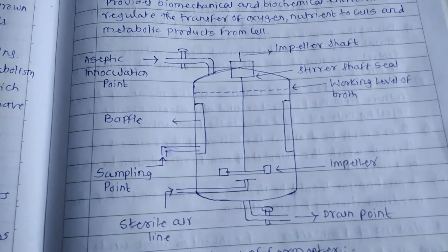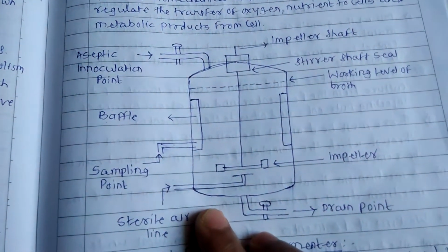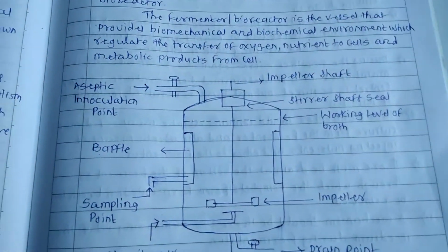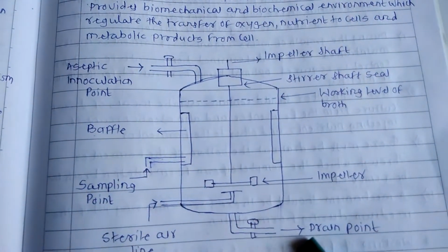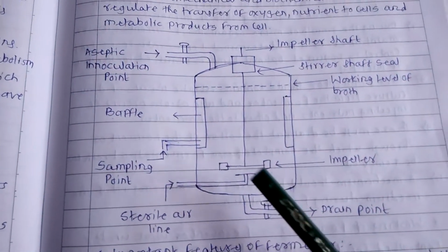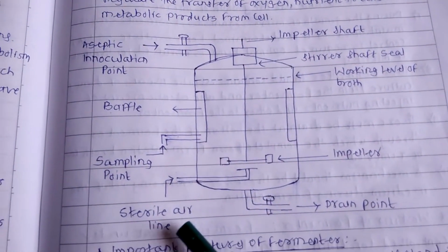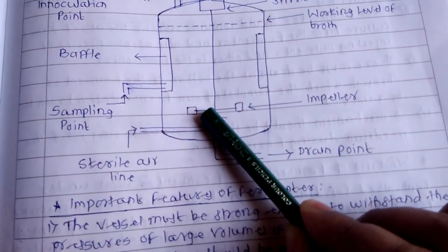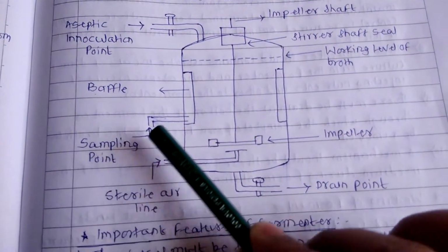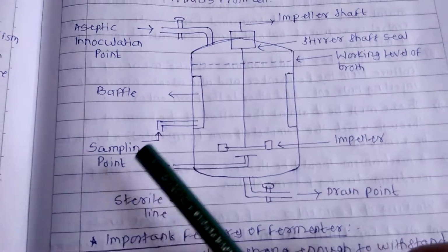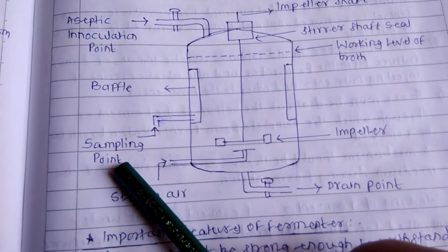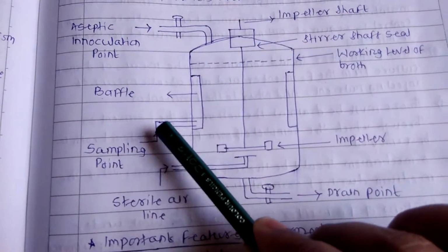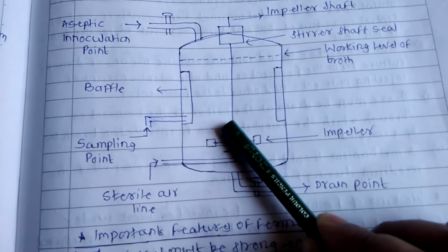The fermenter is made of either stainless steel or metal, which has provision for the inflow of fresh media and the outflow of used media. The fermenter also has provision for the entry of sterile air. Then there is a sampling point. Through this point, the microorganism which is to be grown on the media is transferred into the fermenter.